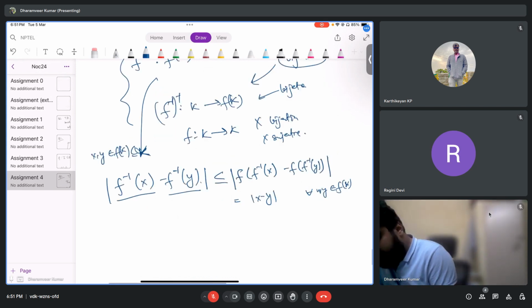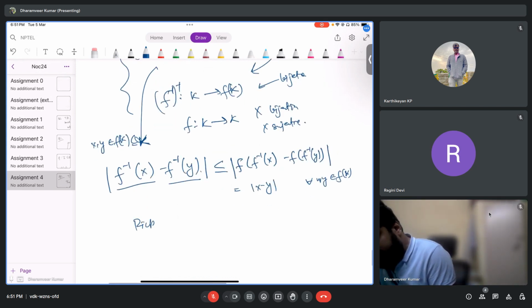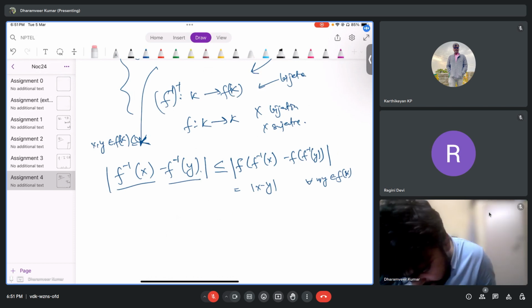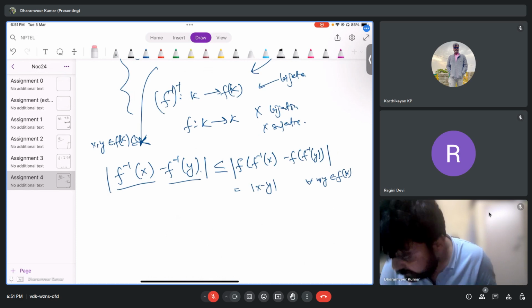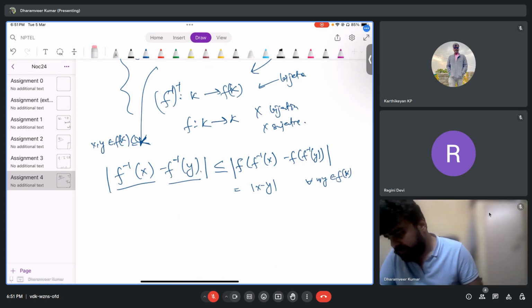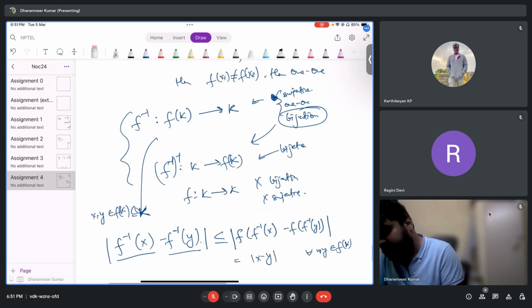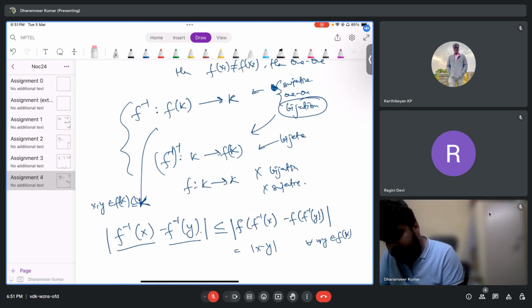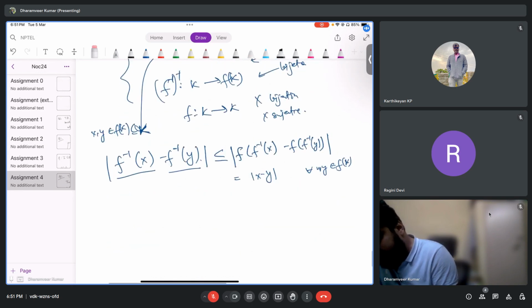Now pick an x naught in f(K). So for a given, you have this f inverse is some function.